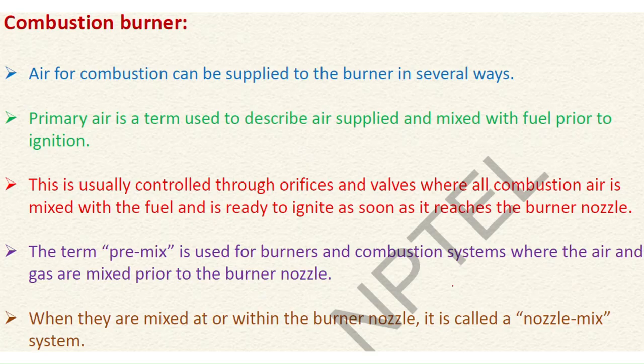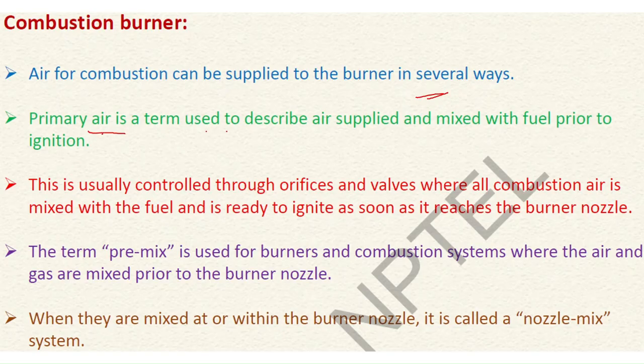Okay. Now coming on to the fourth section, which is the combustion burners. Burners are basically the simplest form of arrangement where combustion reactions may take place. The air for combustion can be supplied to the burner in several ways. There are two types of air which can be supplied to a burner.